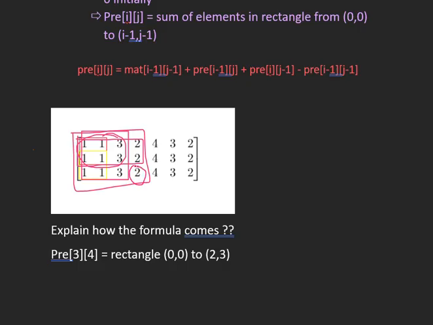So if you see this formula, prefix of 3 comma 4 is equal to matrix of 2 comma 3, that is this element, plus prefix of 2 comma 4, that is this one, plus prefix of 3 comma 3, that is this, the sum of all these elements, minus the common elements. This way we'll get the prefix matrix.